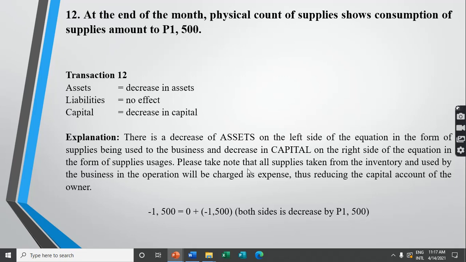So, magiging yung supplies mo under sa assets, magiging supplies expense na siya kapag may nagamit ka. Okay? Thus, reducing the capital account of the owner din. Okay? So, nakakonsume ka, yung business daw, nakakonsume ng worth 1,500 na supplies. So, both side is decreased by 1,500.